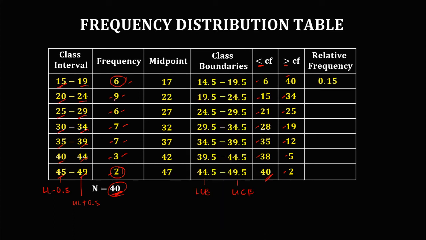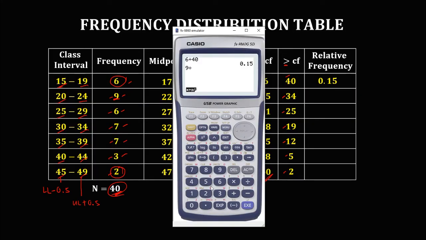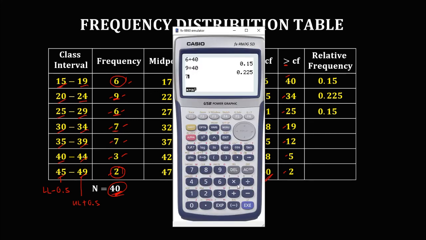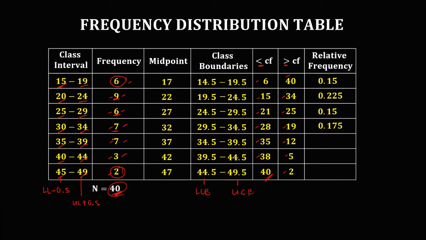For the second class, 9 divided by 40 is 0.225. Then for the third class, 6, this is 0.15. Then for the fourth class, 7 divided by 40 is 0.175. And for the fifth class, 7, also 0.175.